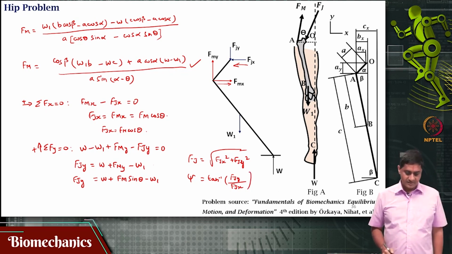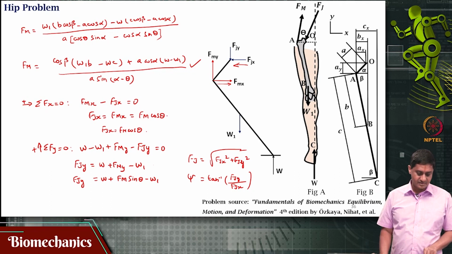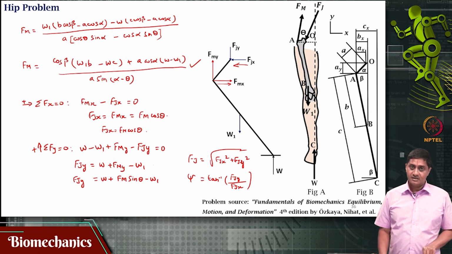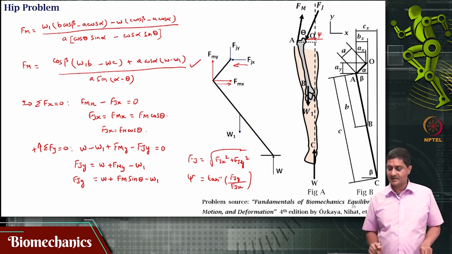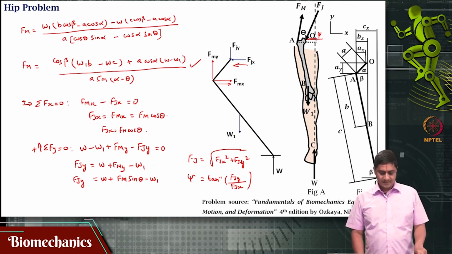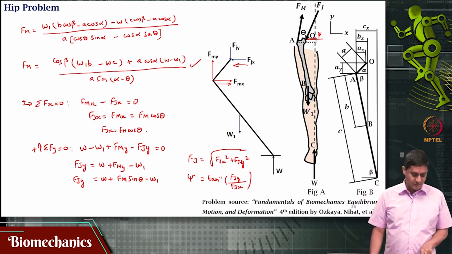This is the angle that Fj makes with the horizontal. Psi is that angle. Simplify for this and you will find the value of Fjx and Fjy.